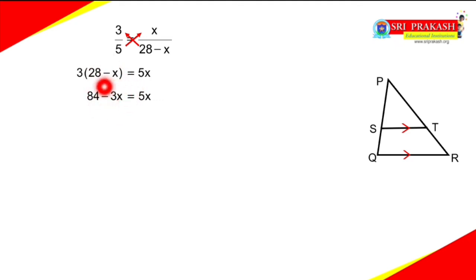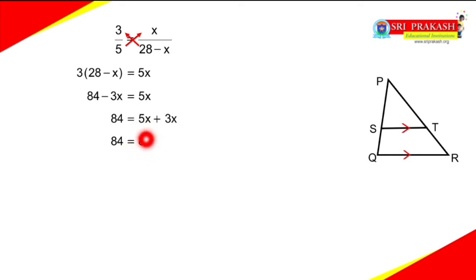Now let us shift minus 3x from LHS to RHS. Then we get 84 is equal to 5x plus 3x. By adding these two terms, we get 84 is equal to 8x.